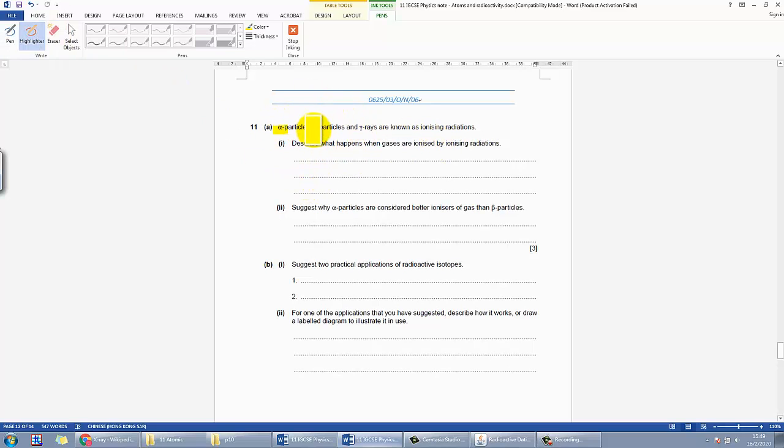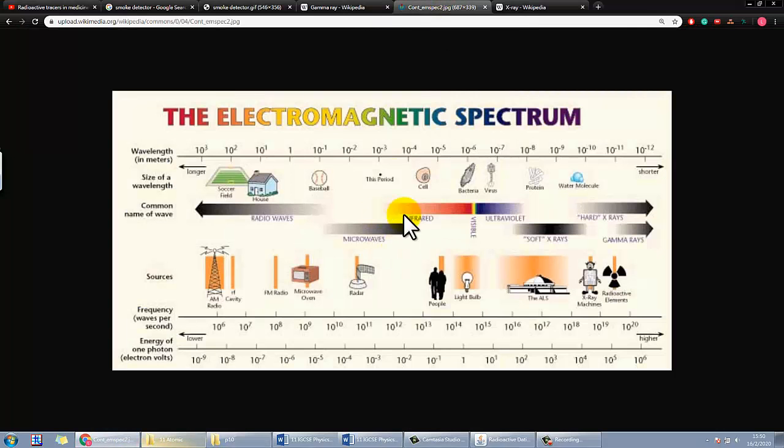So it tells you that alpha, beta, gamma are all ionizing radiation. They've been very kind to tell you this. What happens when gases are ionized by the ionizing radiation? So like we said, when we talk about ionizing, be careful, but by the way, radiation is basically everything in the EM spectrum. So that means infrared is radiation, UV is radiation, even microwave is radiation, radio wave is radiation, everything is radiation.